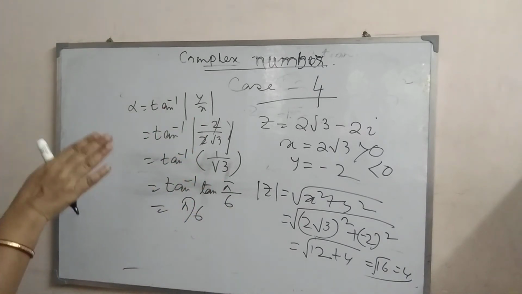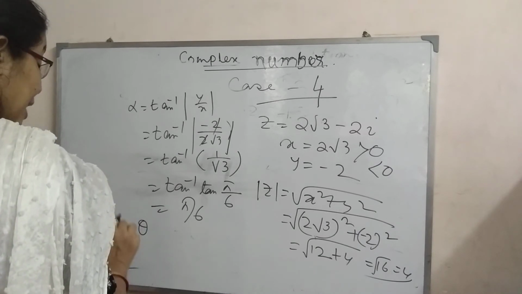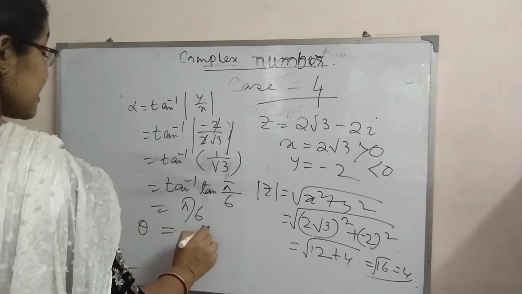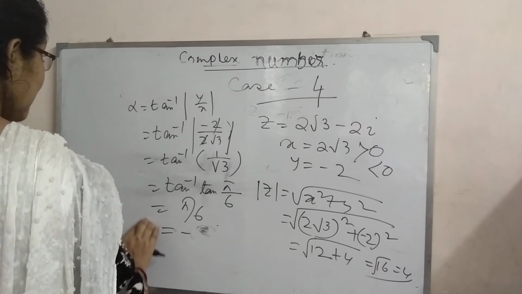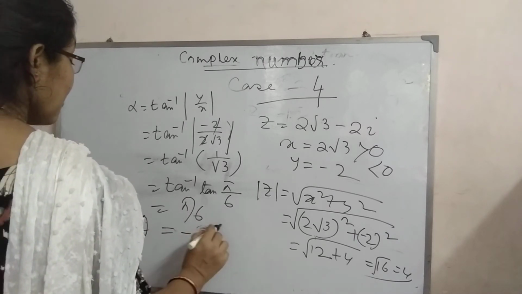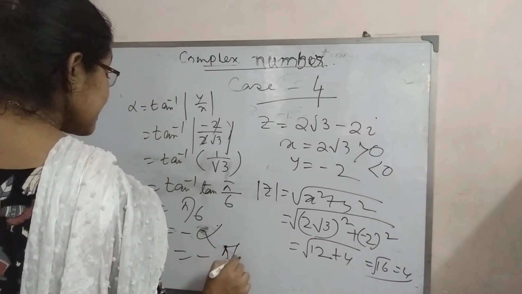Since P lies in the fourth quadrant, theta, that means the argument of z, equals minus alpha, that is minus pi by 6.